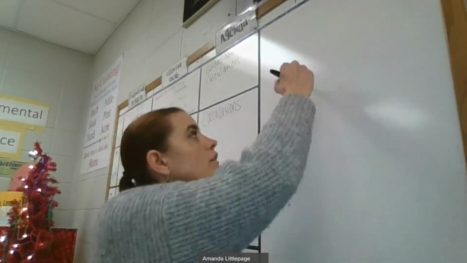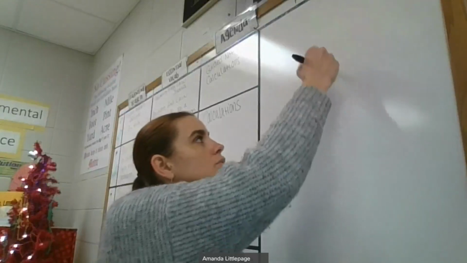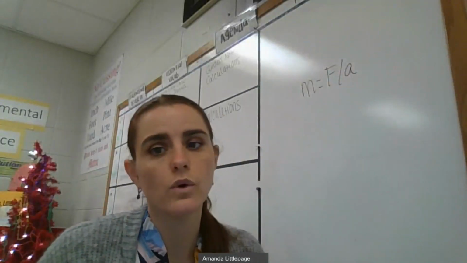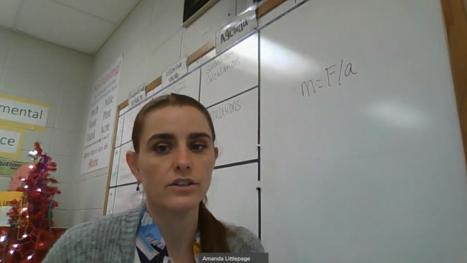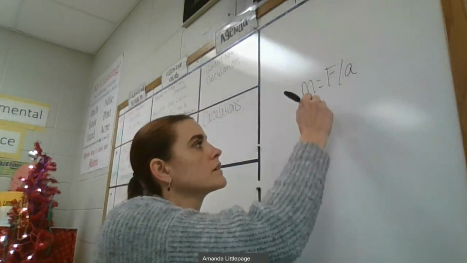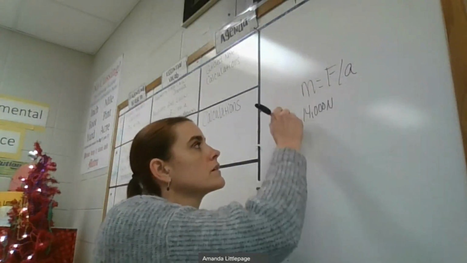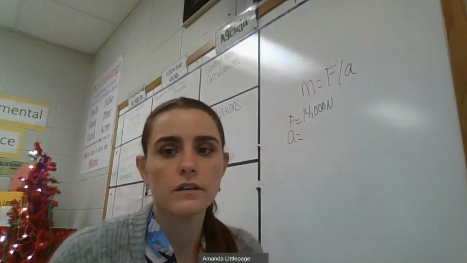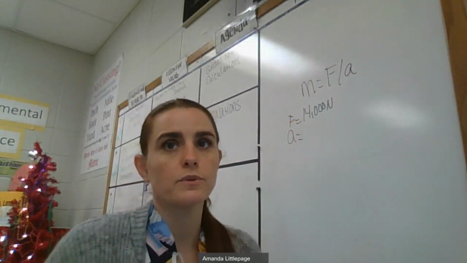Again, if you're solving for mass, mass is equal to force divided by acceleration. We're given the force and the acceleration. The force is 14,000 newtons and the acceleration is 5 meters per second squared.